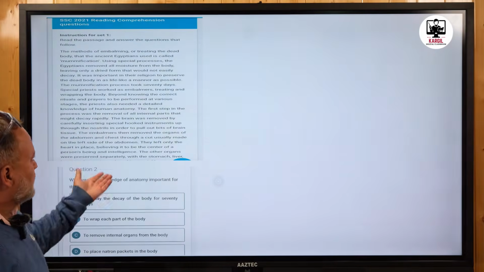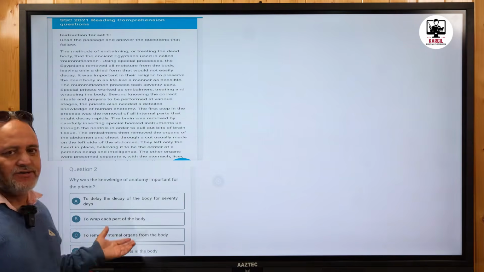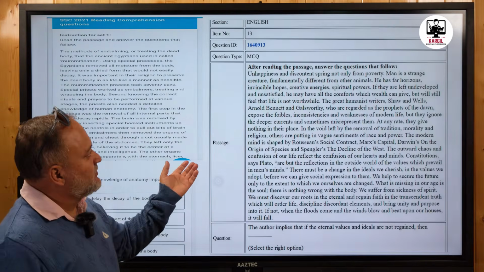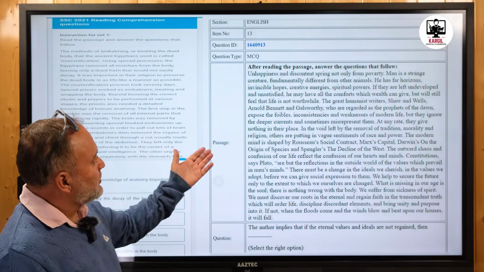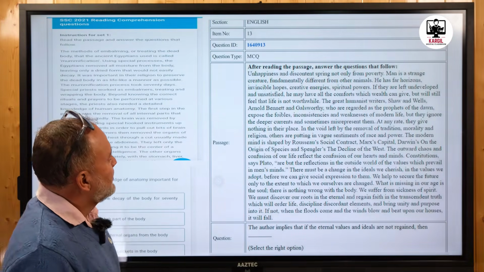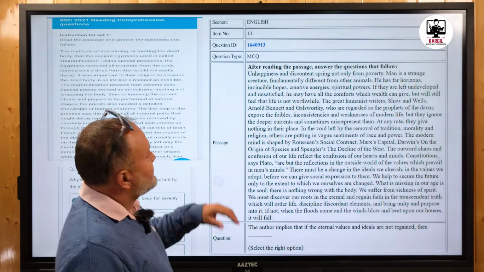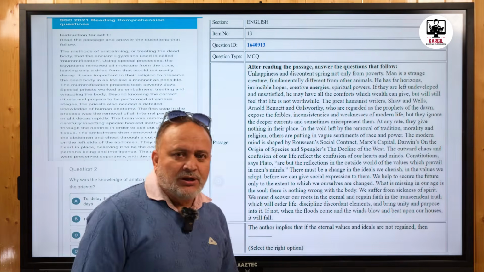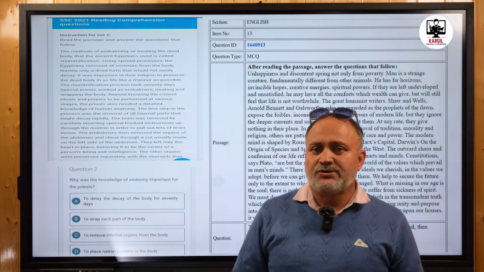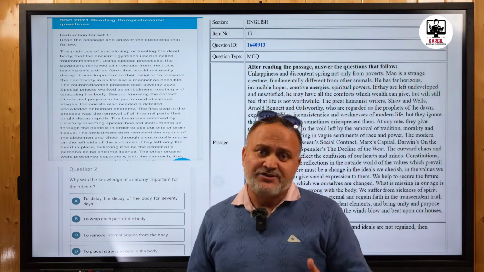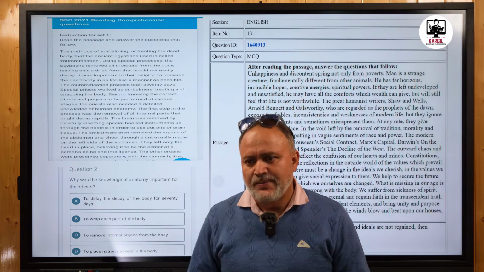So you have to read the passage and answer accordingly. Likewise, here is an example of a comprehension passage given in a CUET paper. So we get to know that reading comprehension is very important. So you must know the nuances of reading comprehension.